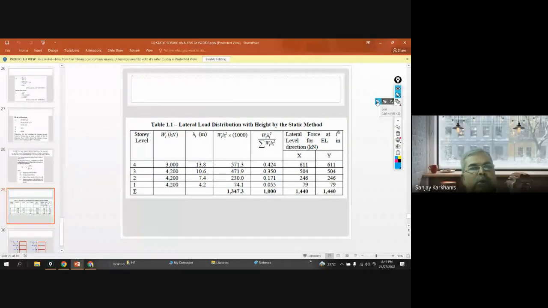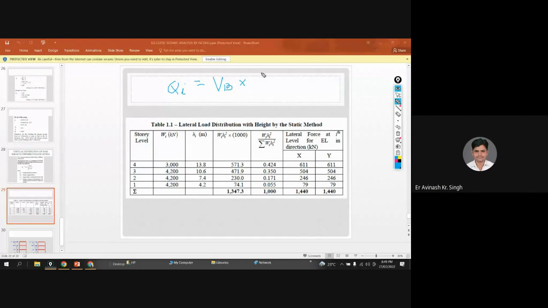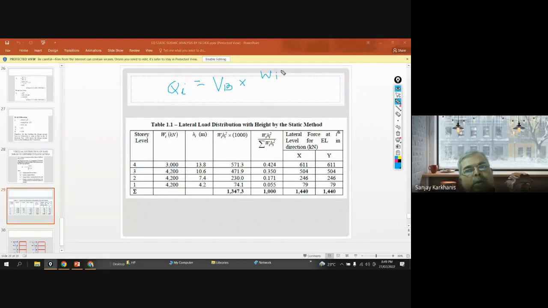What is your QI? QI is nothing but equal to VB multiplied by WI HI square divided by summation WJ HJ square, and J from 1 to N, or in our case 1 to 4.